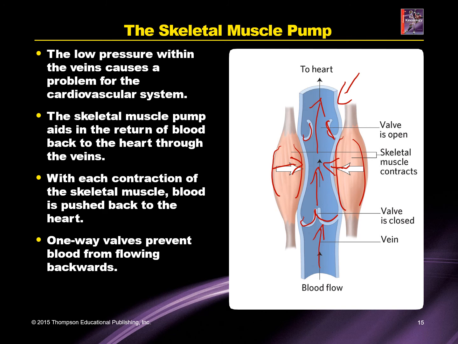In the case of a balloon, it travels in both directions. But in the case of a skeletal muscle pump, because of the valves, the blood only moves in one direction, and those valves force the blood towards the heart. So the skeletal muscle pump is one of the ways that your body automatically causes blood to travel back to the heart after it's been in your body.